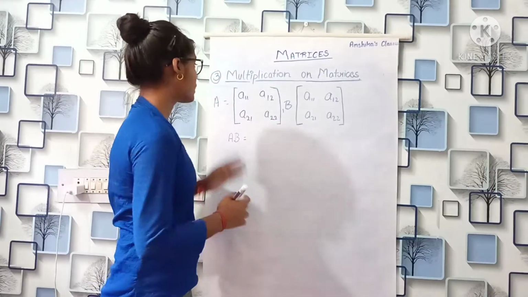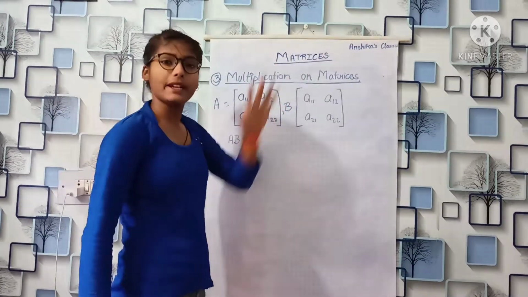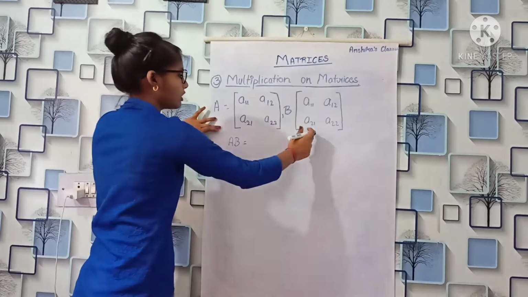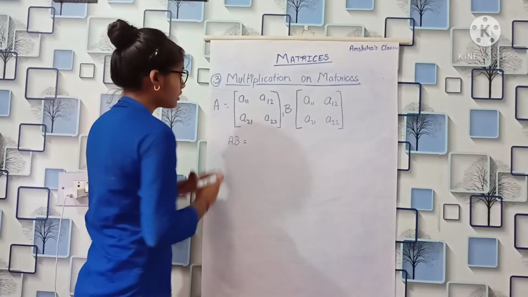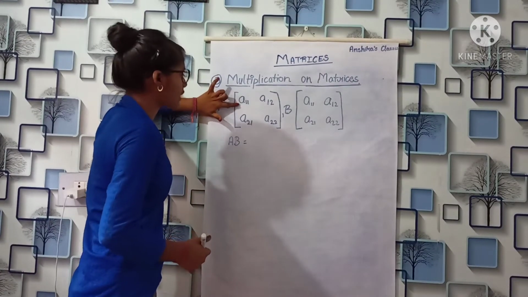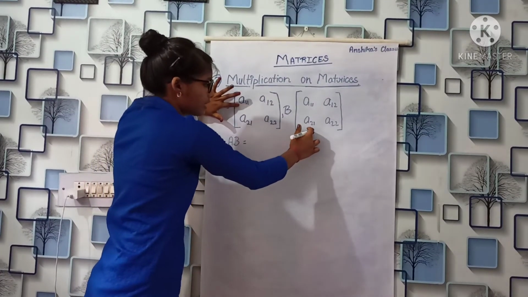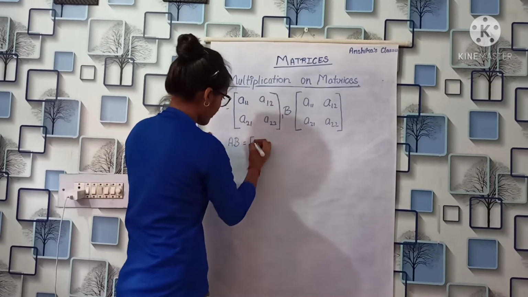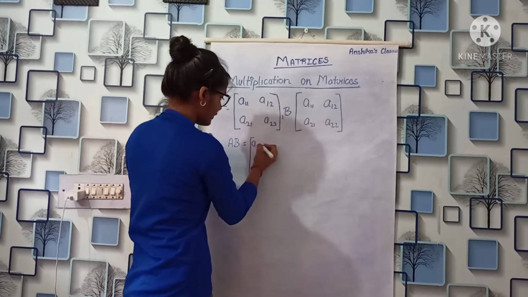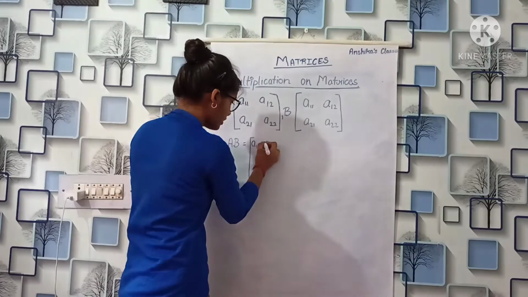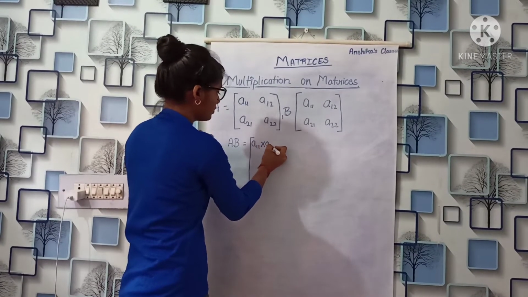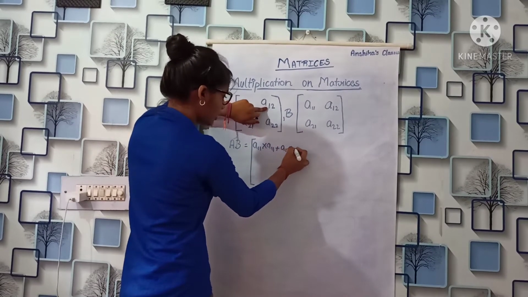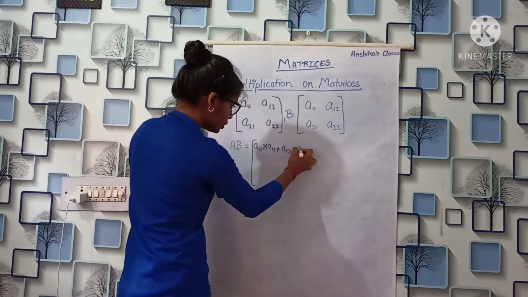So now let's talk about multiplication of matrices. So A is equal to this and B is equal to this. In this case, first row multiplied by first column: A11 multiply A11 plus A12 multiply A21.